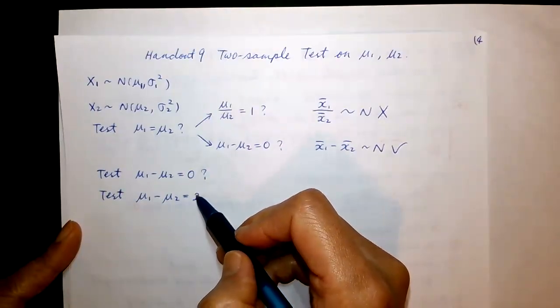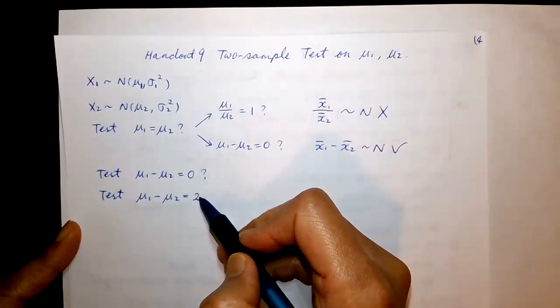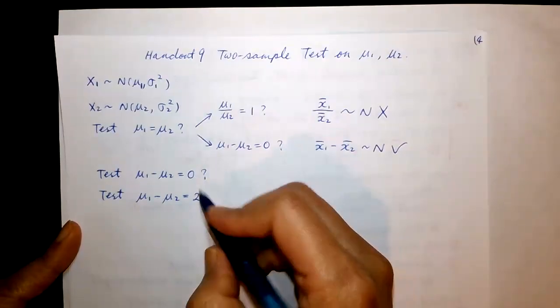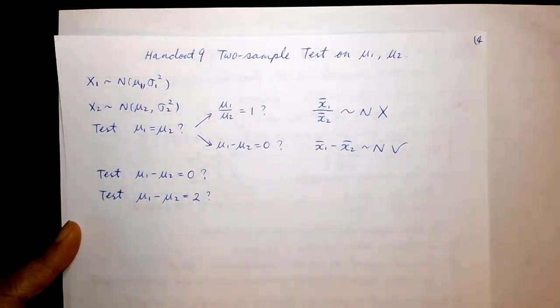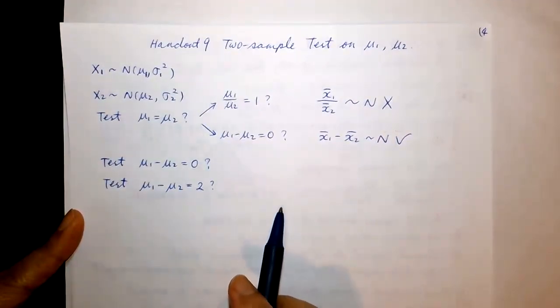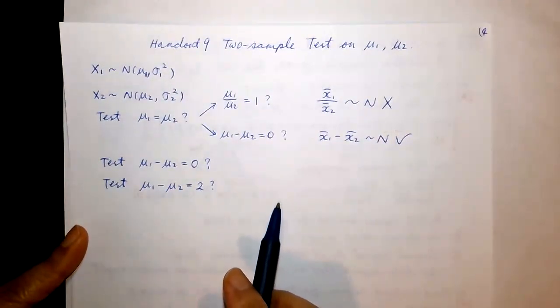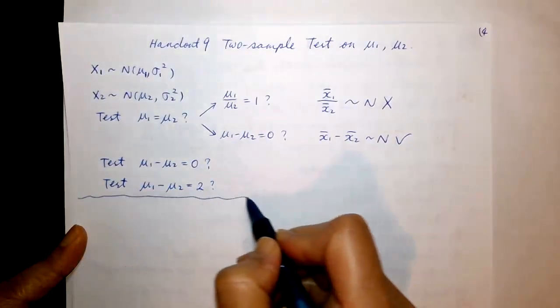So instead of whether they have the same height, one can be taller than the other group by a certain value, so this does not have to be always zero. I can test on a different value. It all depends on what the test is. This is the start of two sample tests.